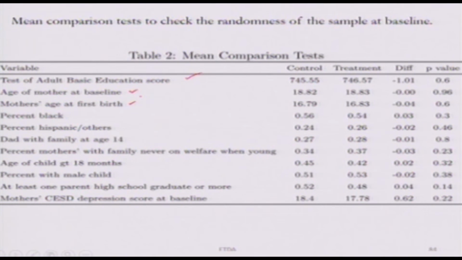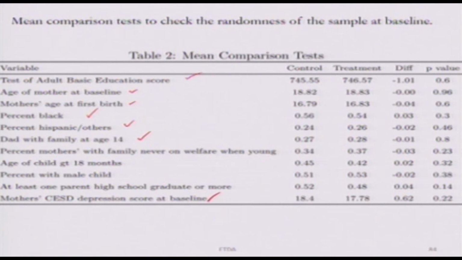All of these are likely to affect the child outcome. Percentage of disadvantaged people in the overall sample, dad with family at age 14, etc., etc. So a host of variables over here, depression indicators of mothers and so on.